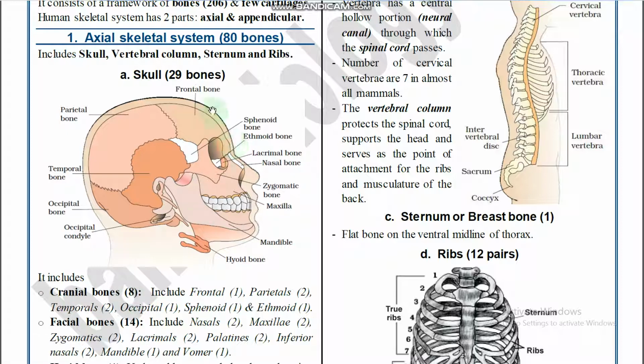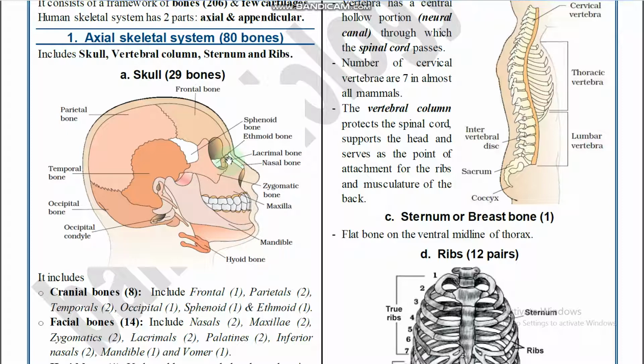Those are the frontal bone 1, parietal bones 2, temporal bones 2 at the sides, and occipital bone 1 below the temporal bones, and sphenoid and ethmoid. This is the sphenoid bone, and this one is the ethmoid bone.